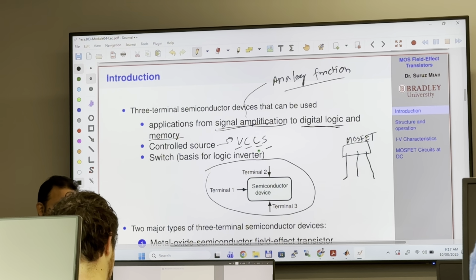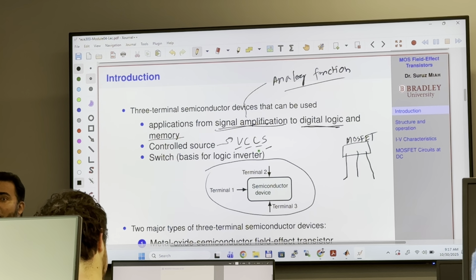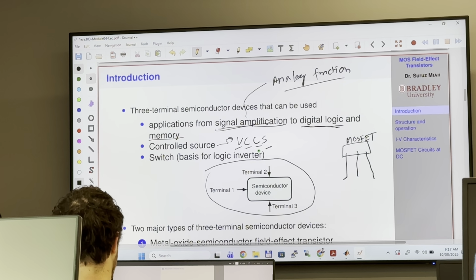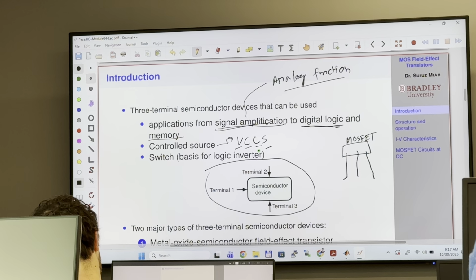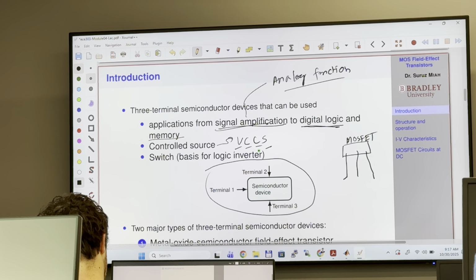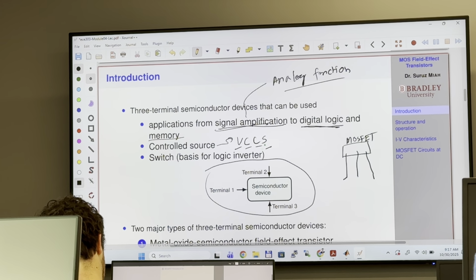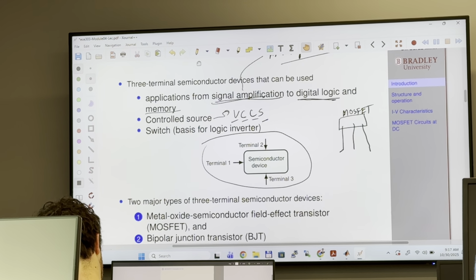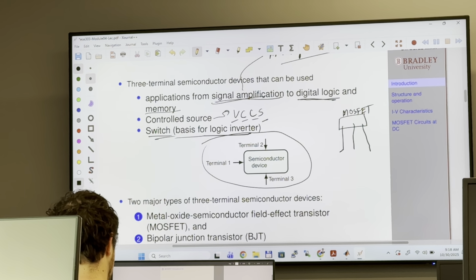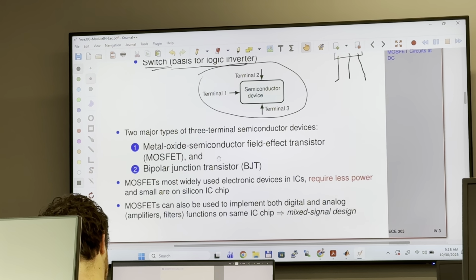I am the controller, I'm controlling the voltage. Using this voltage, I control how fast you guys will be flowing. So you guys have the current, how fast you'll be flowing right here. If I close the gate, fewer people will be able to come through this gate. So we have a terminal called gate in this device. We have 3 terminal devices that can be used as control source. So using voltage, we can control current. And these can be used as a switching device as well for a logic inverter. This device can be used as a switching device.